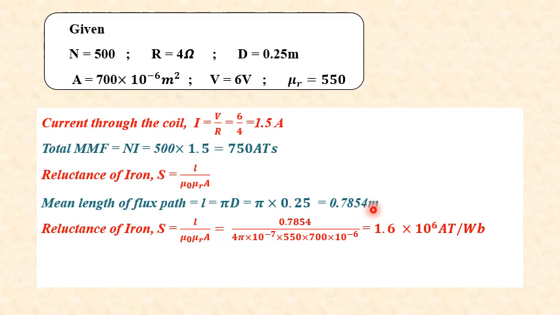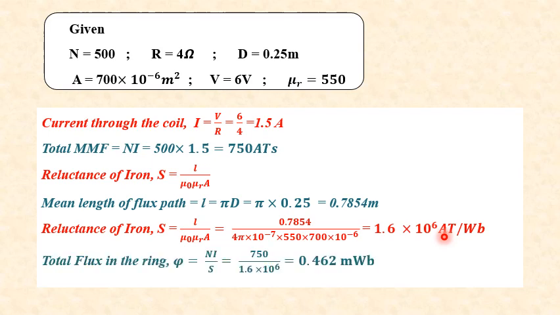Substituting the parameters, we get reluctance S equal to 1.6 into 10 raised to 6 ampere turns per Weber. Now the total flux in the ring, phi, is equal to Ni by S. Substituting for Ni as well as S, we get total flux as 0.462 milliweber.